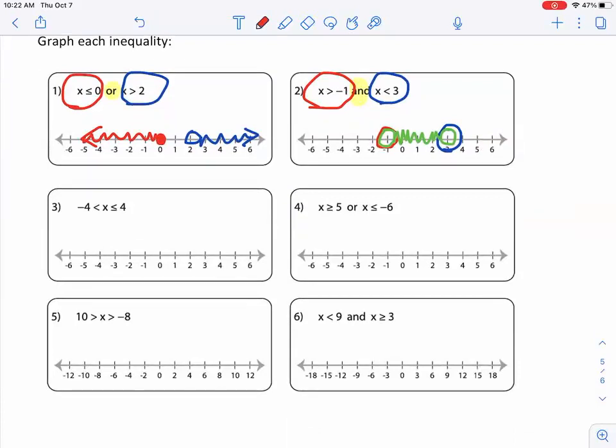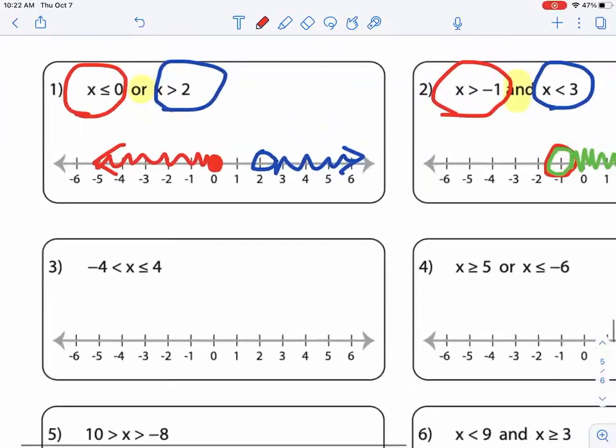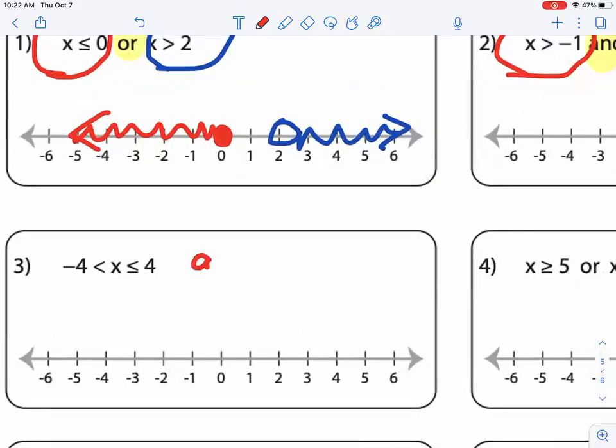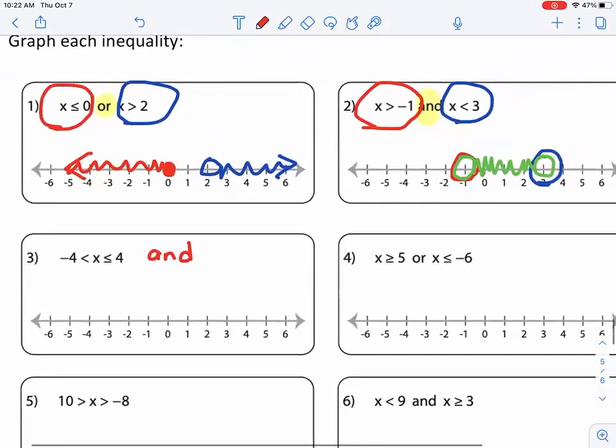Next one, I'm going to do problem number 3. So this is a little different because it's all written in one statement. If it's all written in one statement, okay, this is considered an AND statement. We need to shade our numbers that are greater than -4 and numbers that are less than or equal to 4. So I'm going to do that all in one step. Okay, I have an open circle at -4 because there's no equal sign there.